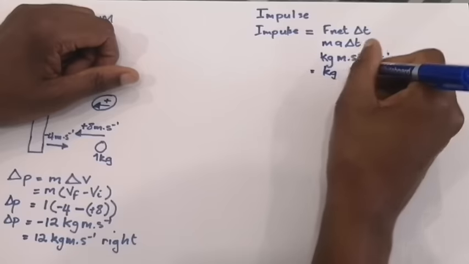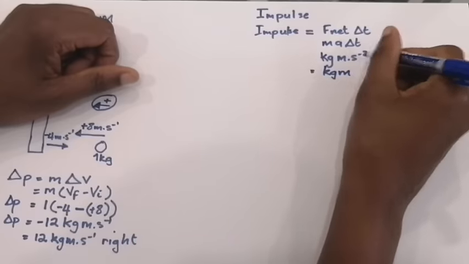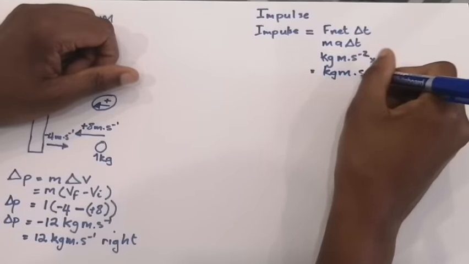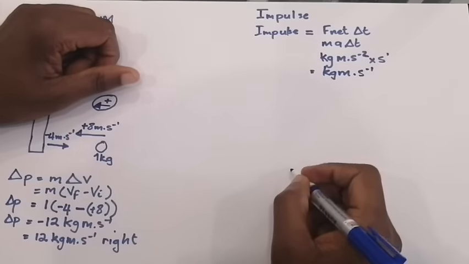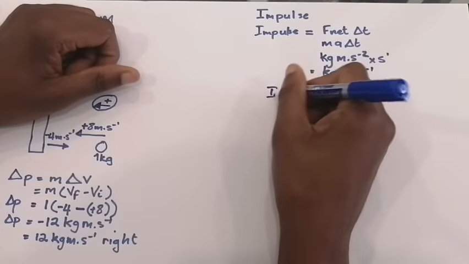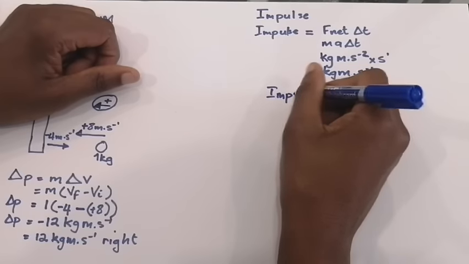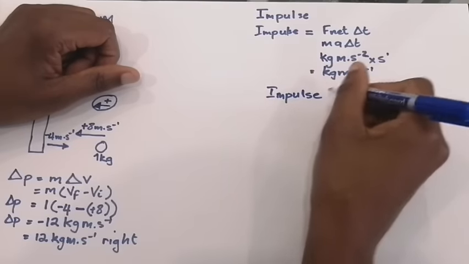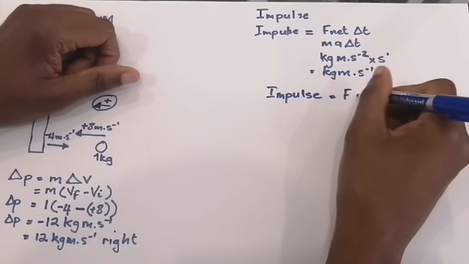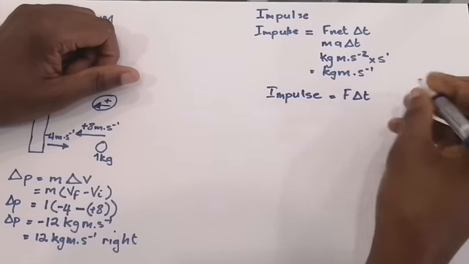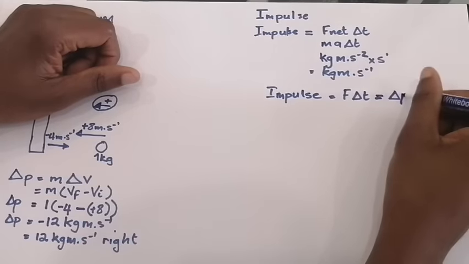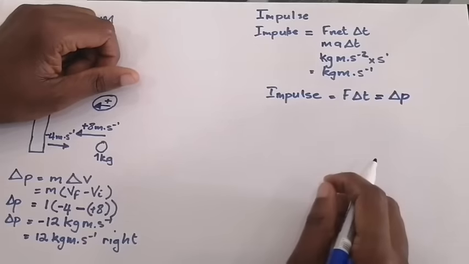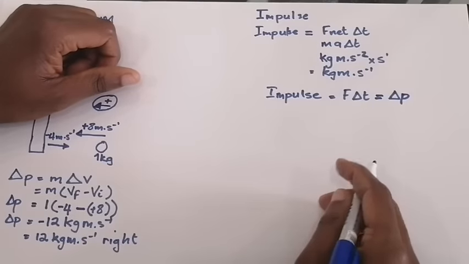You've got kilograms meters per second, since -2 plus 1 gives you -1. And so that is why we say impulse is equal to force multiplied by the change in time, but that is also equal to the change in momentum. They call this the impulse momentum equation, all right?